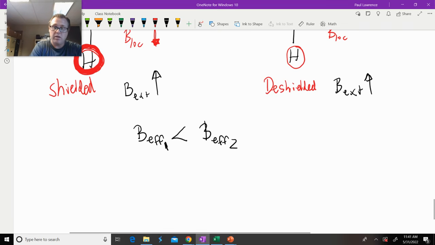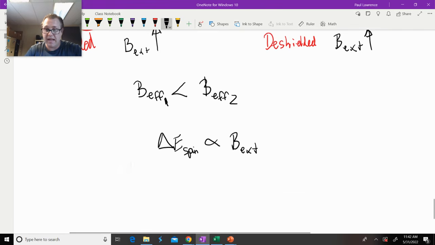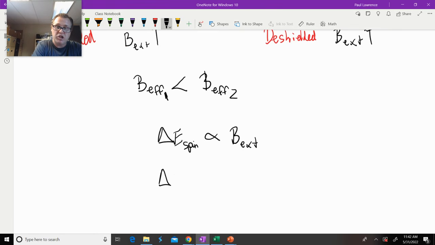So recall that the change in energy of the spin states is going to be proportional to the external magnetic field. That's what we've learned previously. But now we can change it up a little bit here and say it is proportional to the effective magnetic field.